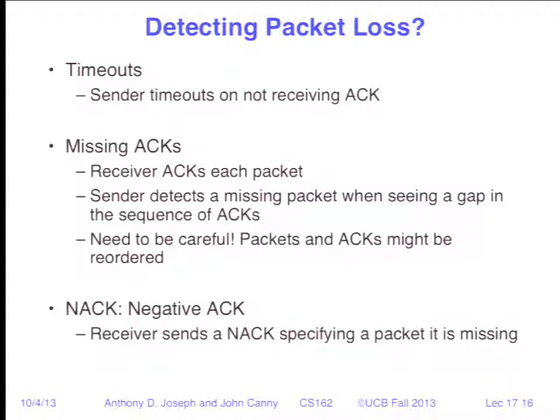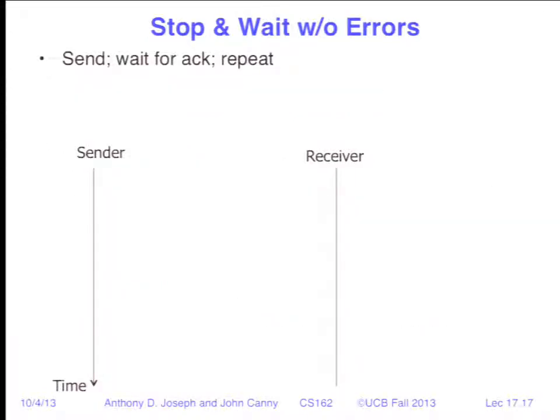So let's look at a very simple protocol just to start. All right, so this is called stop and wait, and we'll look at it without any errors occurring. Very, very simple. The sender sends a packet, waits for an acknowledgement. Repeat. Okay, so sender sends a packet, packet 1, to the receiver. Receiver sends back an acknowledgement. Right?